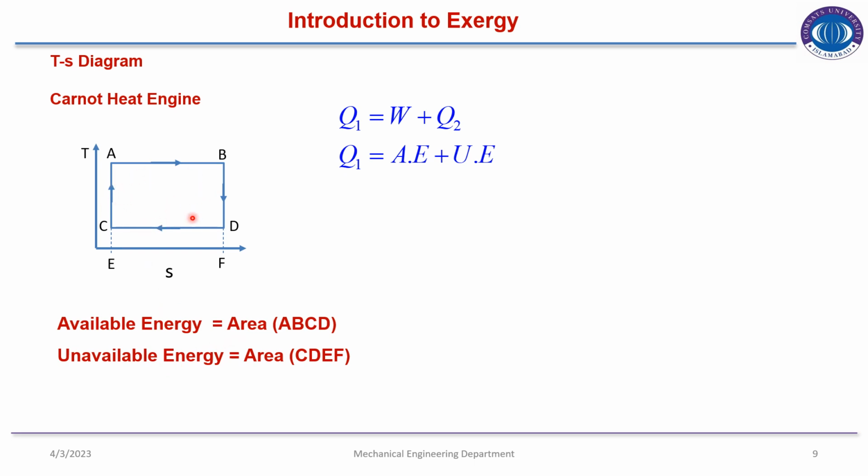Here ABCD is a rectangle, so length into breadth is the area of the rectangle. You can calculate the area of rectangle ABCD, that is the available energy, and the area of rectangle CDEF, that represents the unavailable energy.